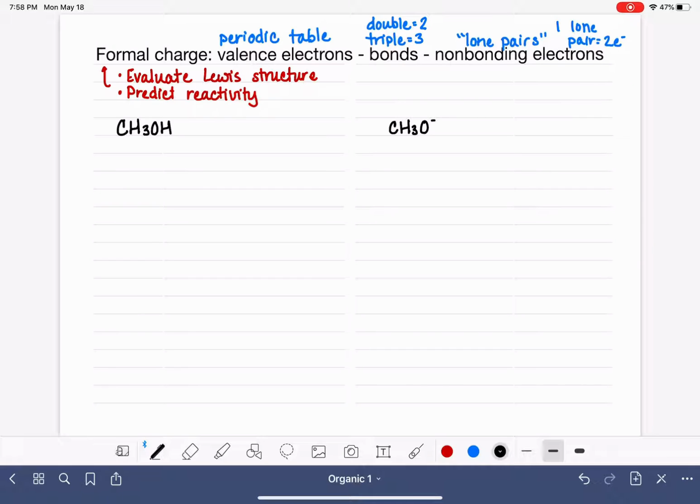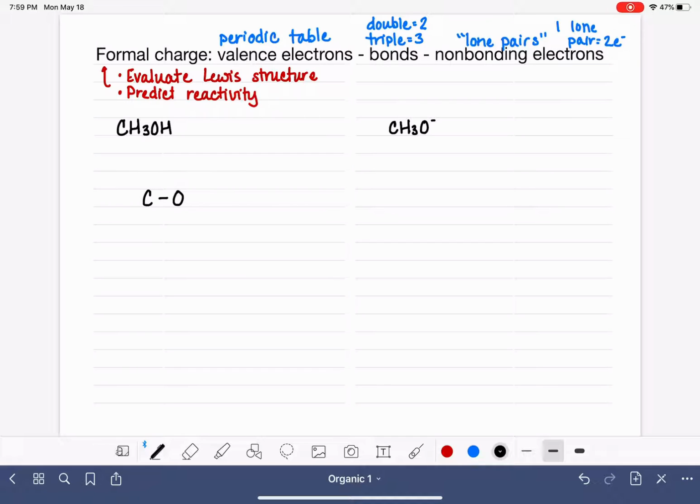So remember our tricks for drawing Lewis structures of organic molecules. We're going to start by focusing on the atoms that are not hydrogen, so the carbon and the oxygen in this case. And we're going to connect the carbon to the oxygen. There's only one way that we can connect them, which is directly to each other.